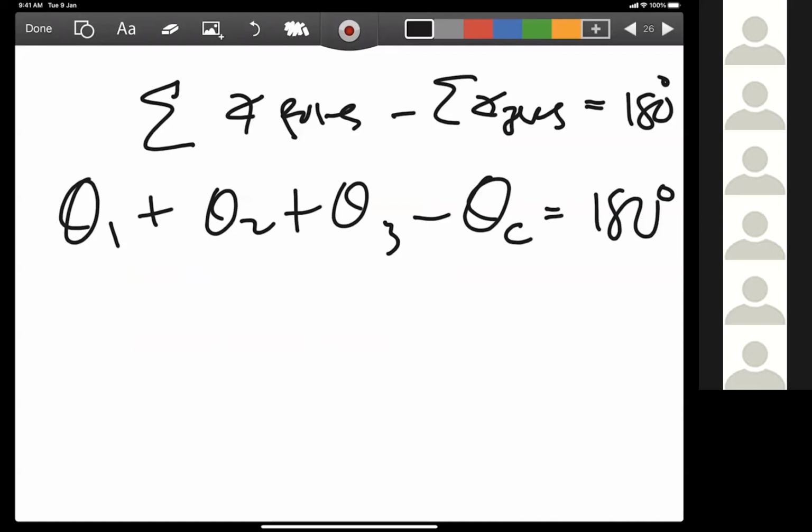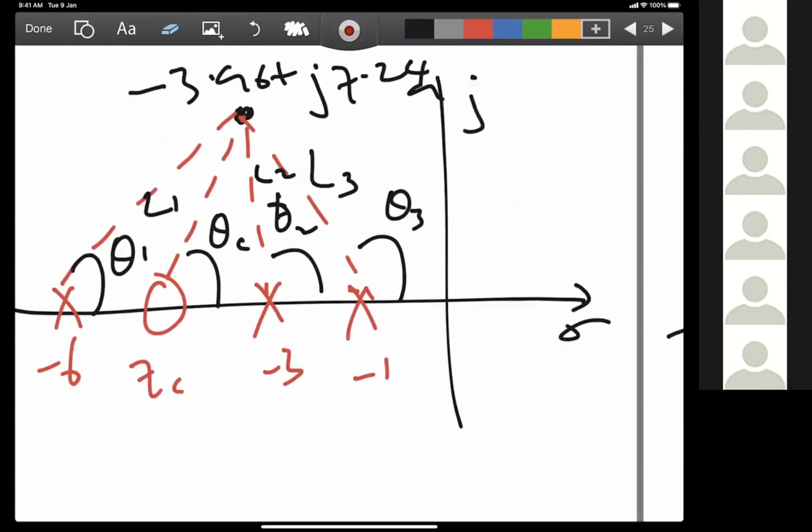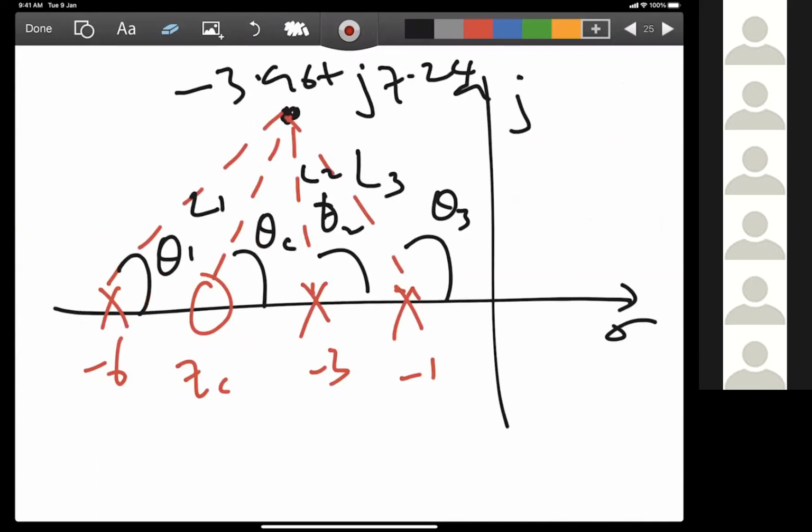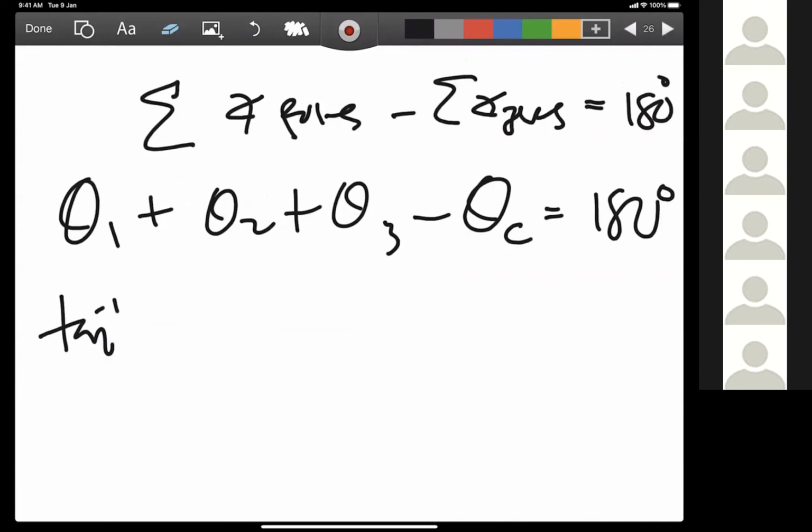What is the value of theta 1? Theta 1 is equal to 7.24.